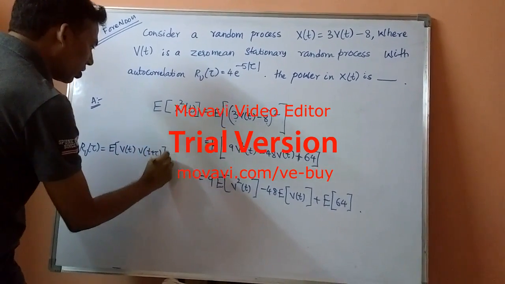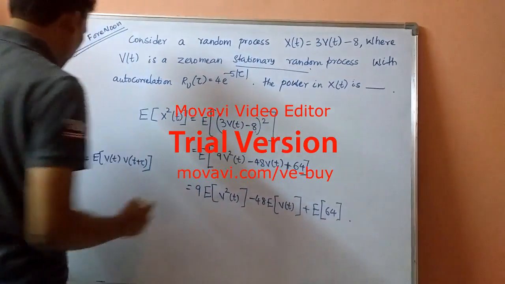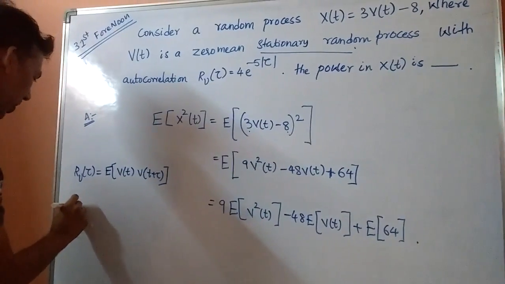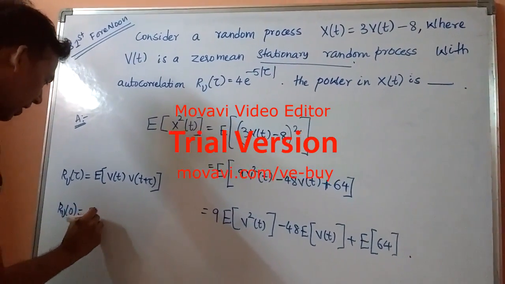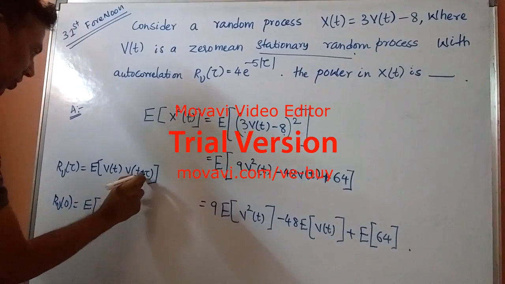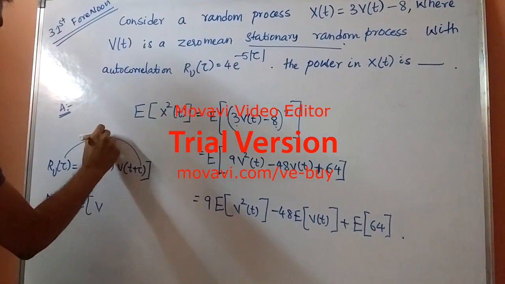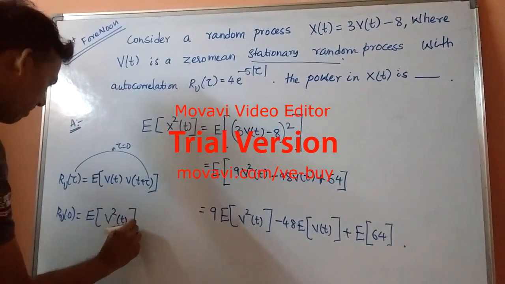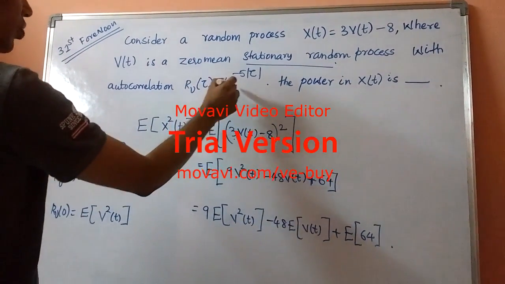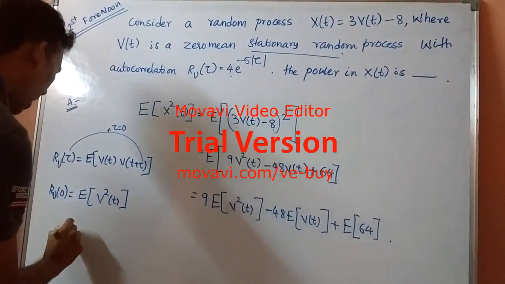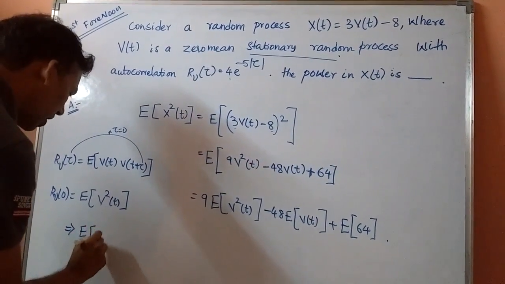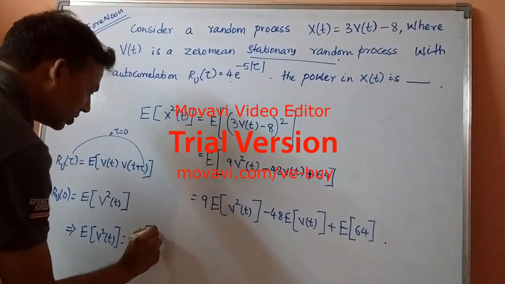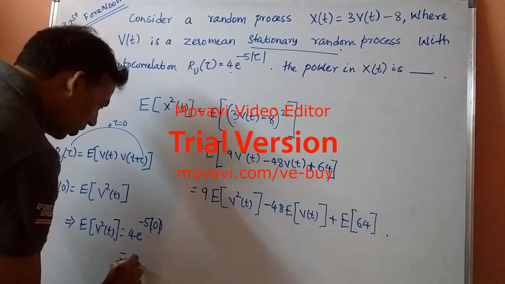Substituting tau equal to 0, we get Rv of 0 equal to the expectation of v square of t. And what is Rv of tau? It is 4 into e power minus mod tau. This implies the expectation of v square of t equals 4 into e power of minus 0, which is equal to 4.